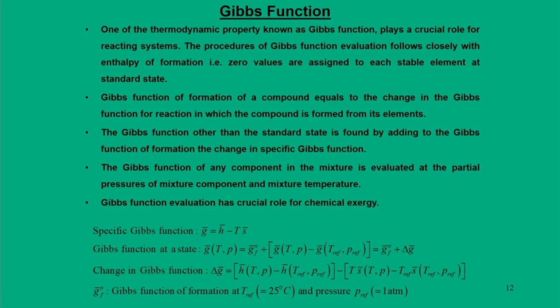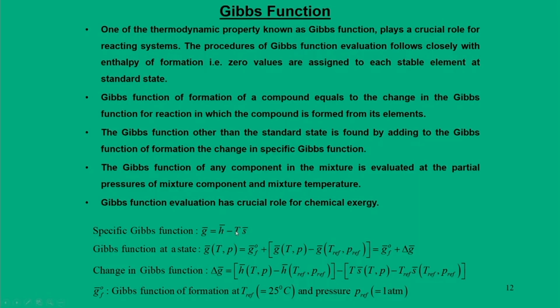So, the information that is required is the enthalpy of formation plus the enthalpy change. Here also it is the same thing: Gibbs function of formation and Gibbs function change between any given state with respect to its reference state. If you recall, the Gibbs function G bar is nothing but H bar minus T into S bar, and when you calculate it, it can also be evaluated through this enthalpy route.